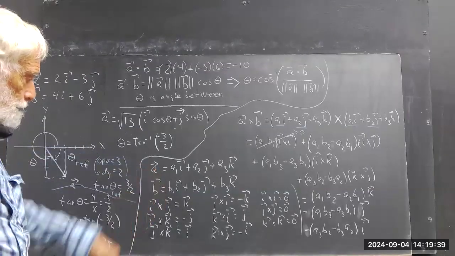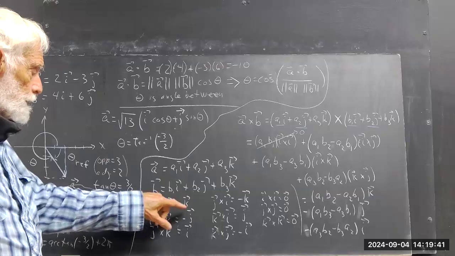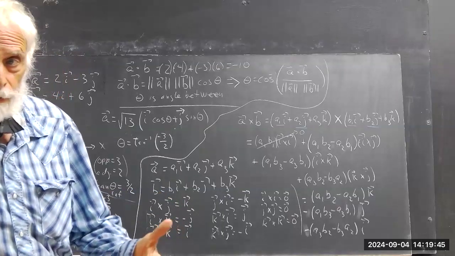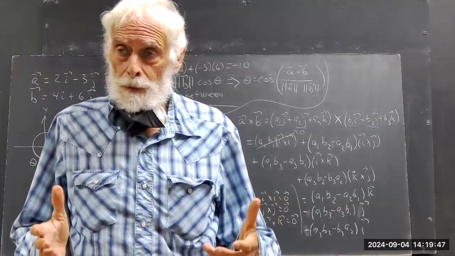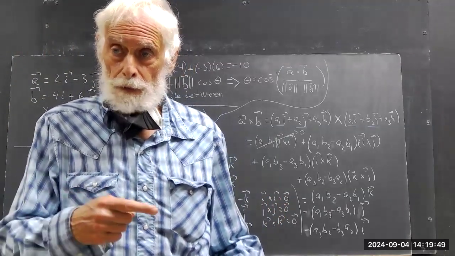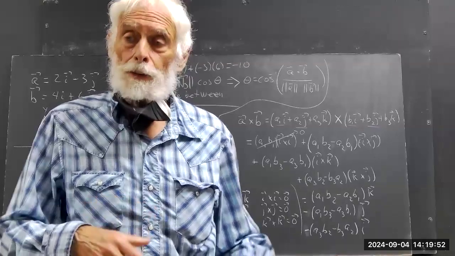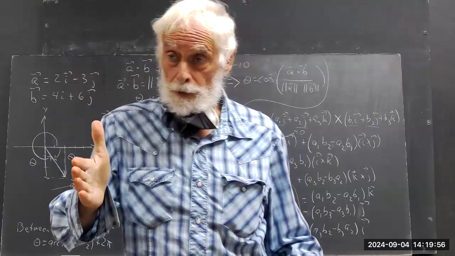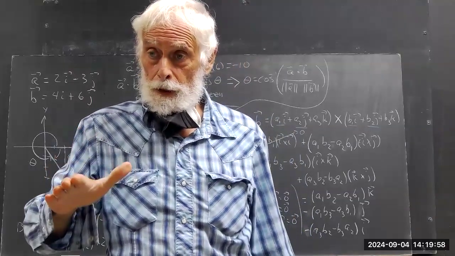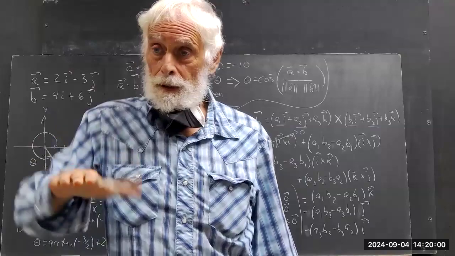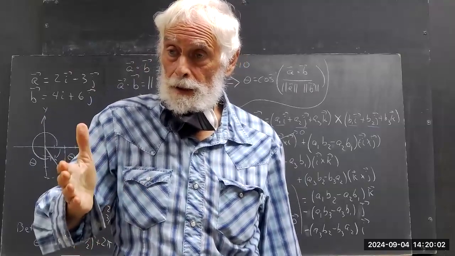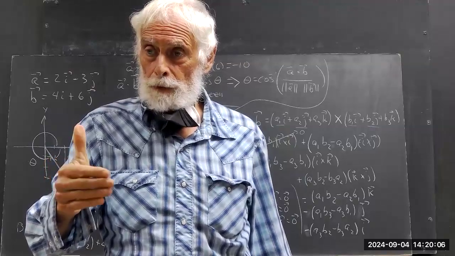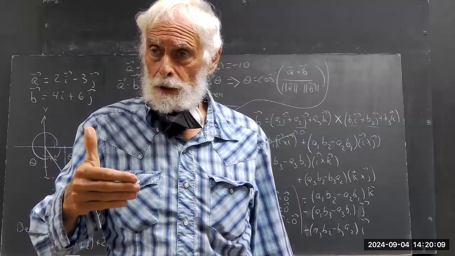The i vector cross the j vector is equal to the k vector. Now, what do I mean by the i vector cross the j vector? Well, the i vector is in this direction, the j vector is in this direction. So we use the right-hand rule. Put our fingers in the direction of the i vector and orient our palm, not up, not back this way, not upside down, but this way, so that when I curl my fingers, they go into the direction of the j vector.